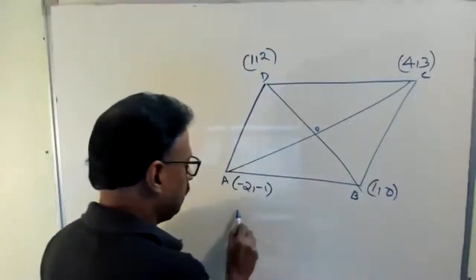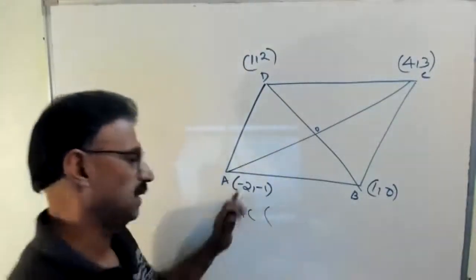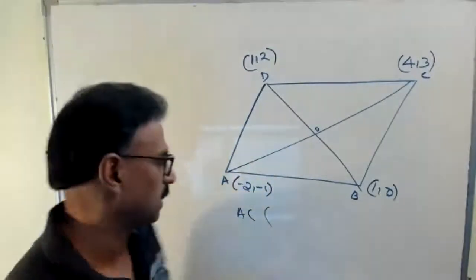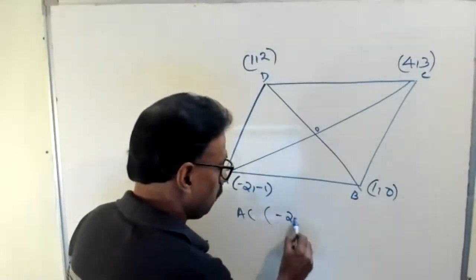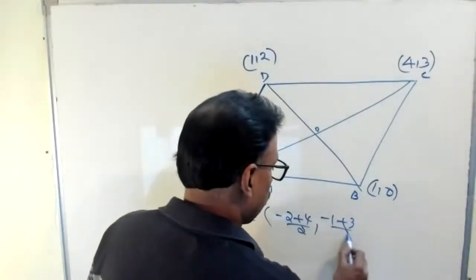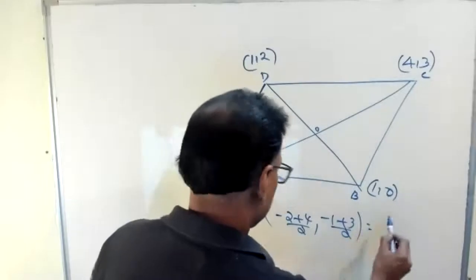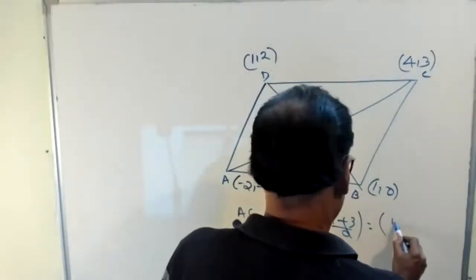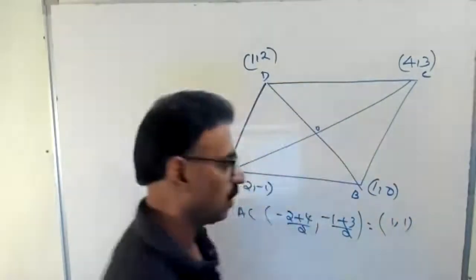Okay, you find the coordinates of the midpoint of AC. That is -2 plus 4 by 2, comma, -1 plus 3 by 2. What is that? 1, comma, 1. Okay, the coordinate.